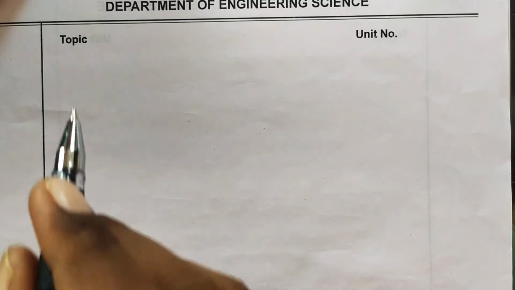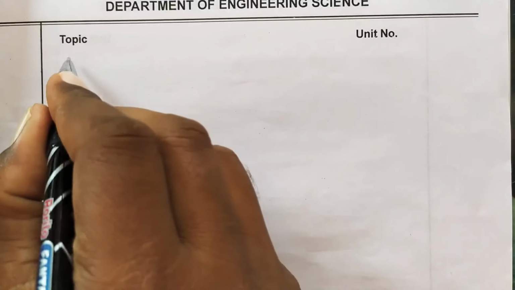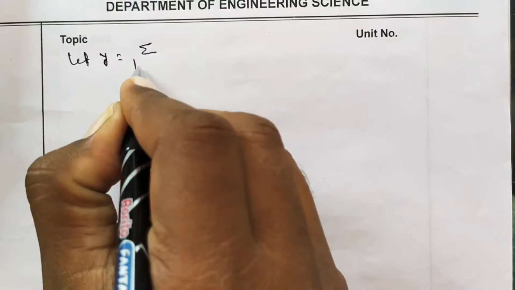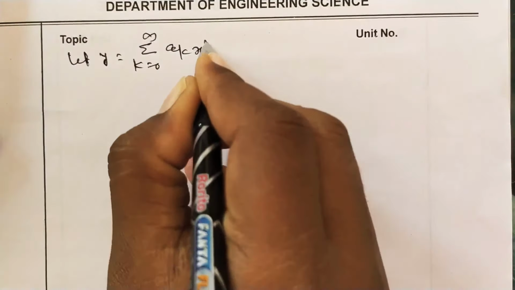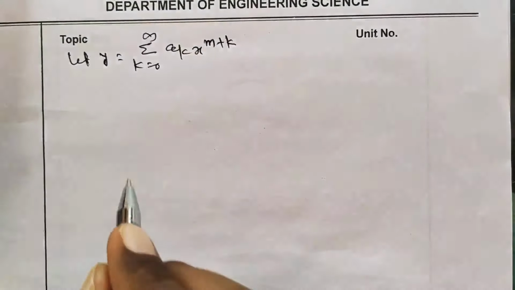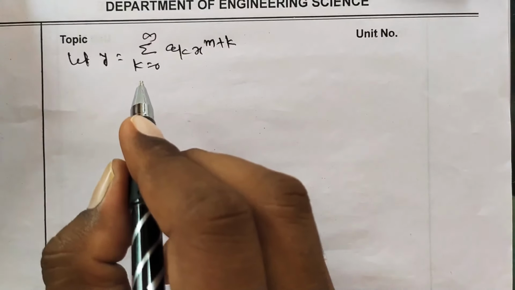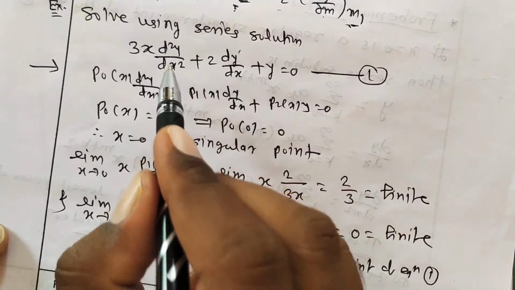So if x = 0 is a regular singular point, then we have to take y = summation of k varies from 0 to infinity a_k x^(m+k) as the solution of the given linear differential equation.